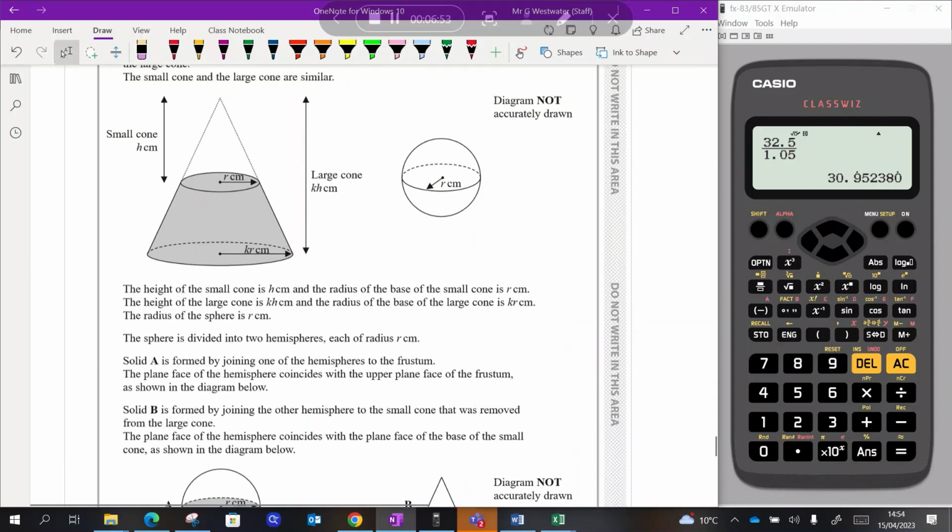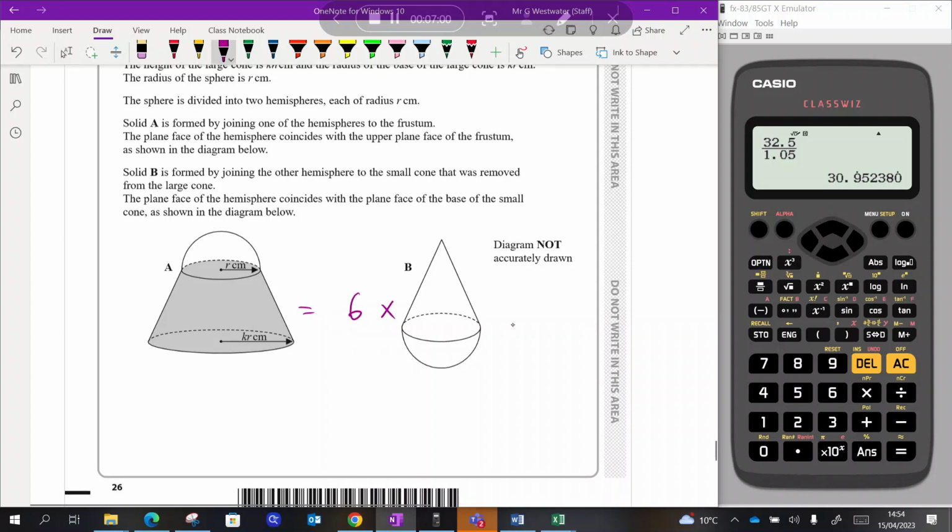Now, all of these formulae are at the front of the book. I'm not going to keep racing up and down to find it. You'll just have to take my word that the volume of a cone is 1/3 pi r squared h. Okay, it's basically the base times the height and 1/3 of it.